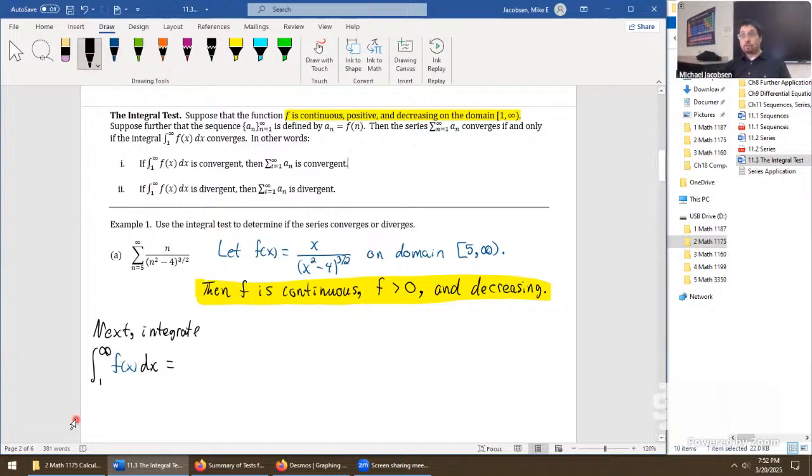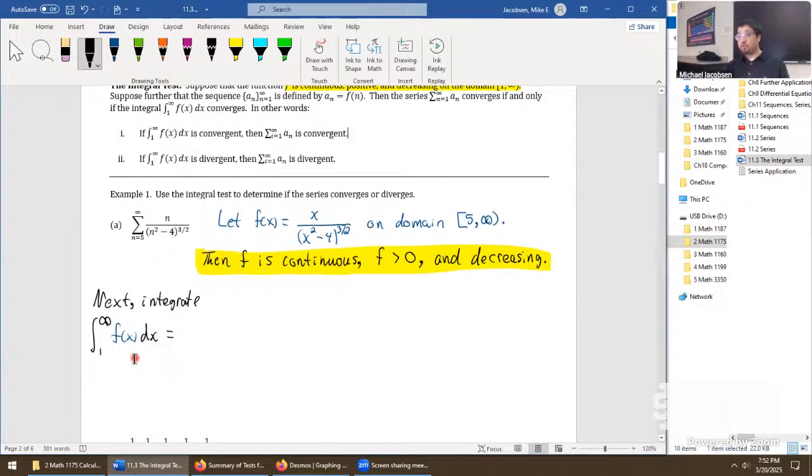We have to use the ordinary correct limit notation for this kind of problem. So we'll also say this is limit, not as n, that's just a weird habit now that we're in sequences and series. Limit as t goes to infinity, integrate from 1 to t of x over x squared minus 4, power 3 halves, dx. So that's our next step right here.